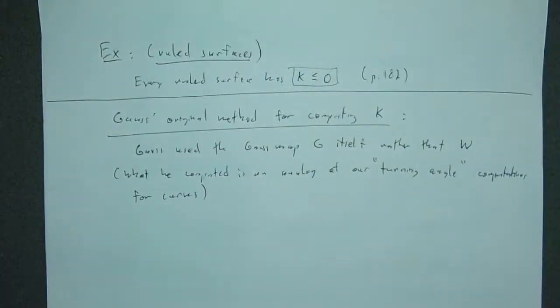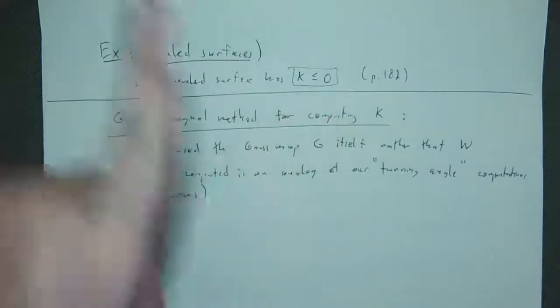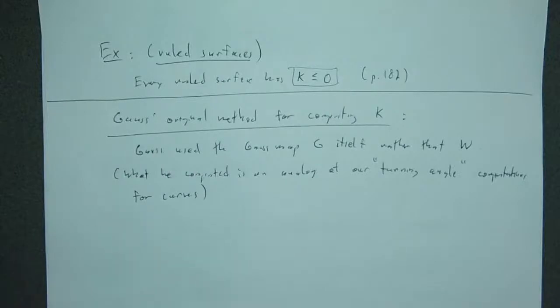The basic idea is that just as we were able to define signed curvature, and ultimately say that signed curvature was the rate of change of the turning angle, the turning angle kept track of how quickly a curve was turning.